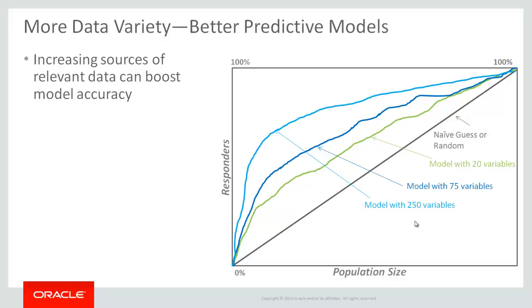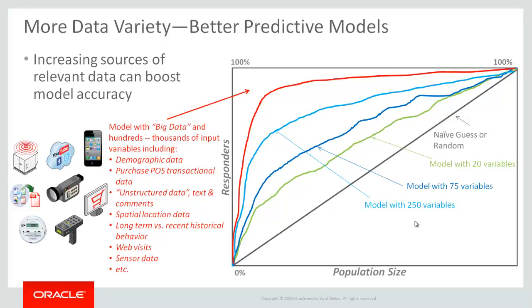If I add even more variables, I should get a better model. And if I look at the land of big data with spatial location data, web visits, sensor data, unstructured data of any kind, text, comments, physician's notes, nursing notes, customer service, repairman notes, all of those things, theoretically, if it's the right kind of data, should give me even better models.